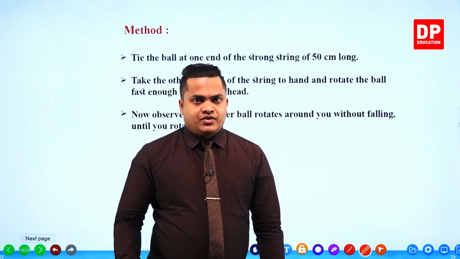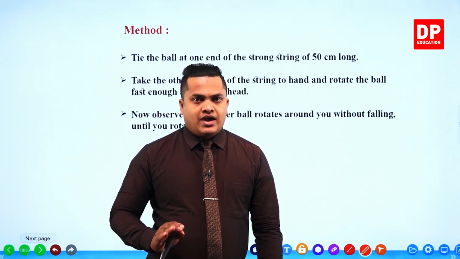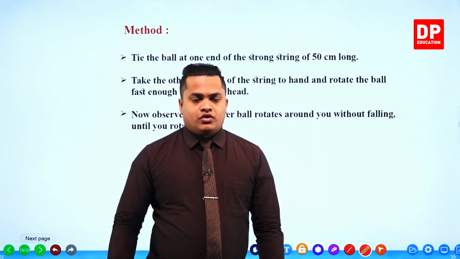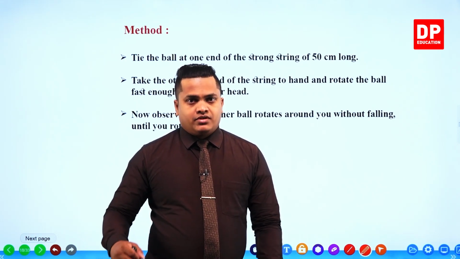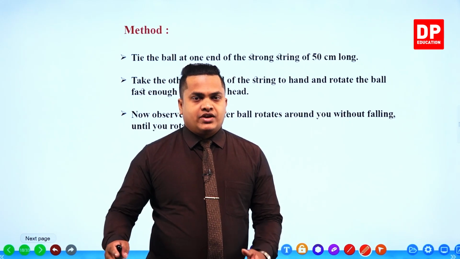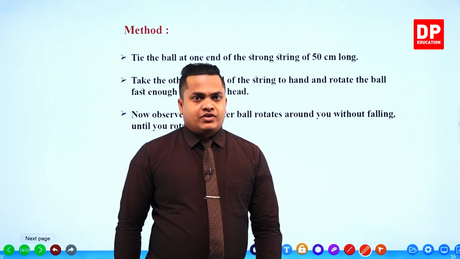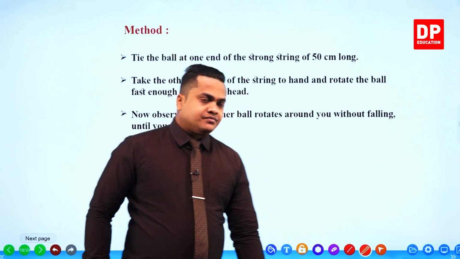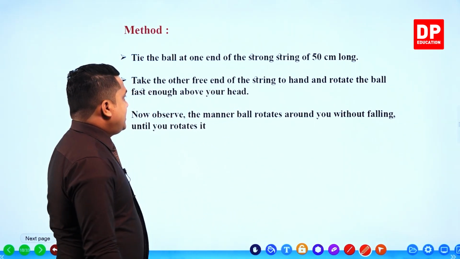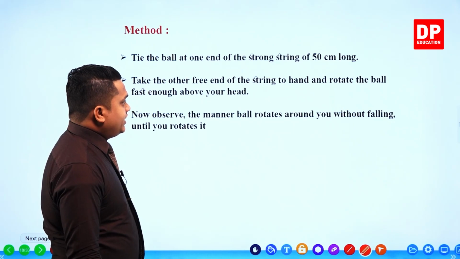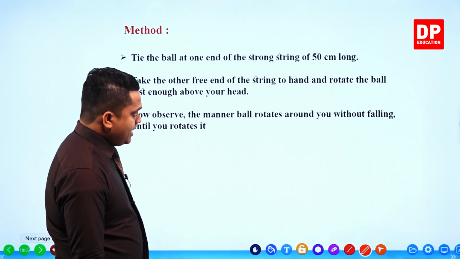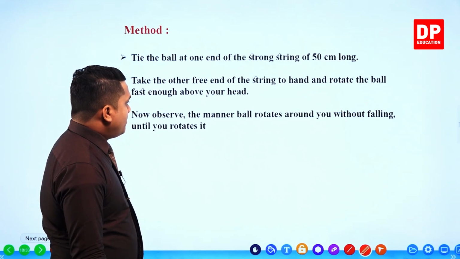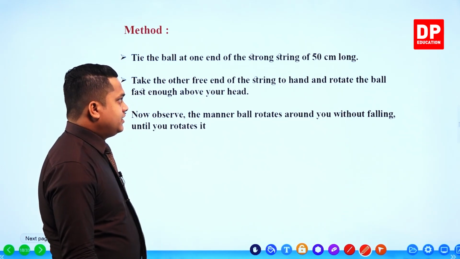You just take the string, and according to the space that you have, you can either minimize it, or elongate it, or use an even lengthier string. It's not going to be a problem. The length doesn't matter, right? Then take the other free end of the string in your hand and rotate the ball fast enough above your head.